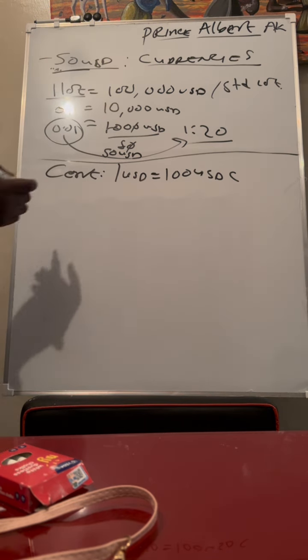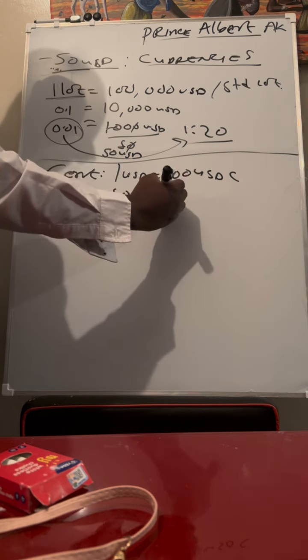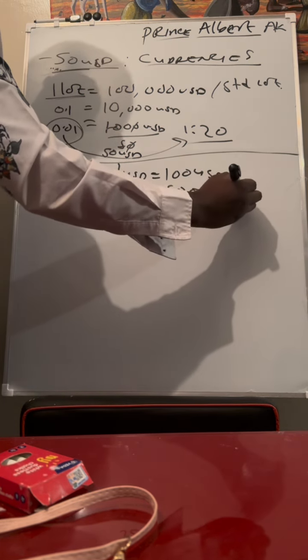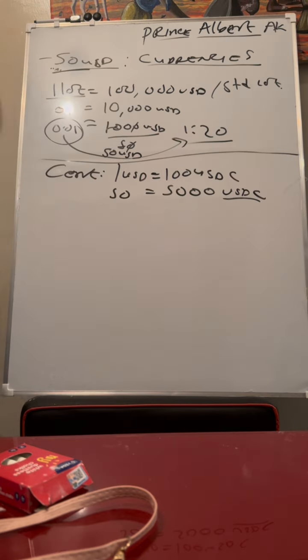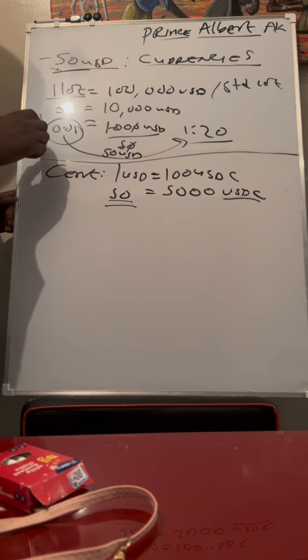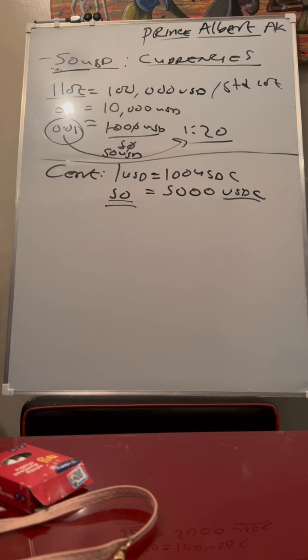So if your account is $50, our balance will be reading 5,000 USD cents. This means that we'll be able to trade huge lots with our account of 5,000 USC.